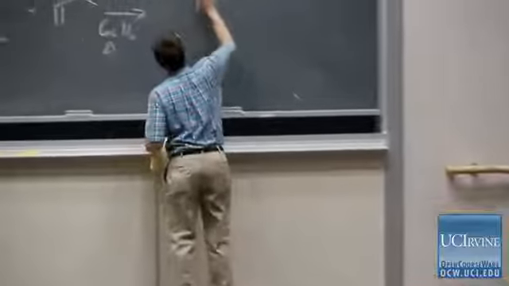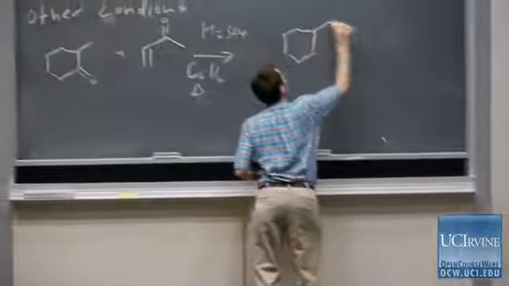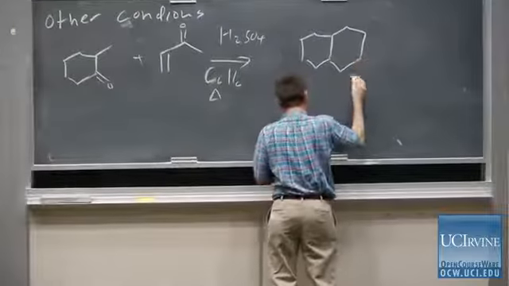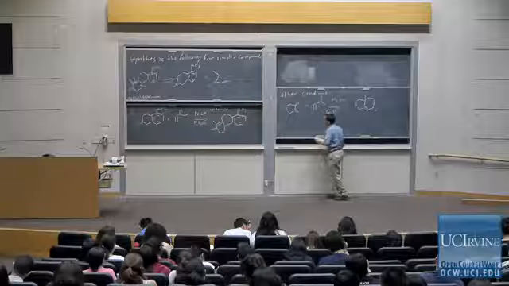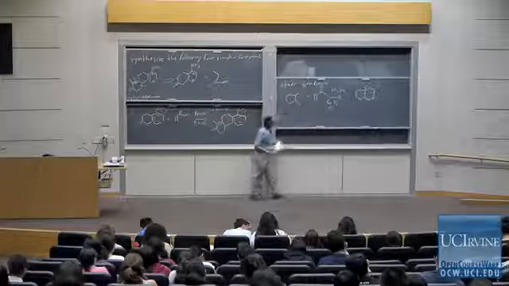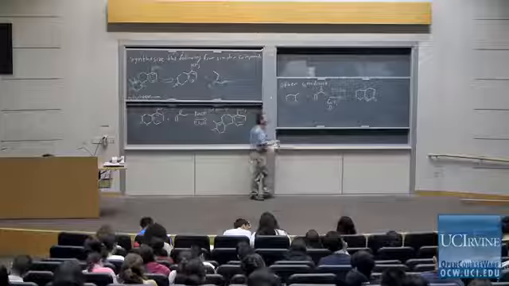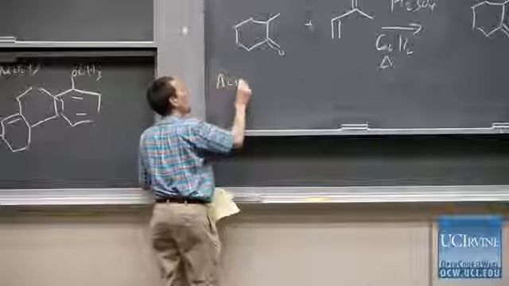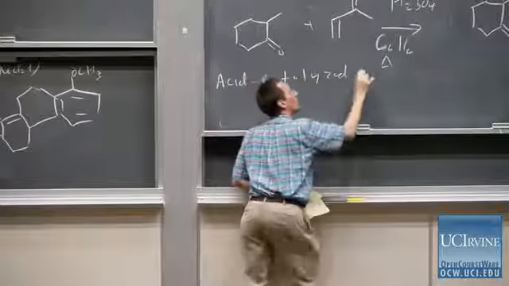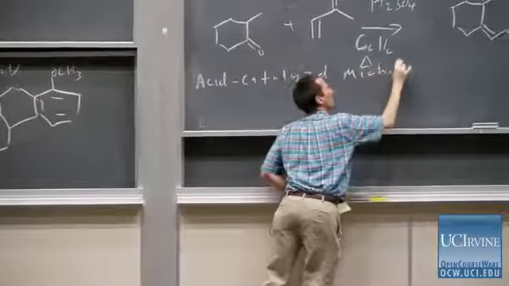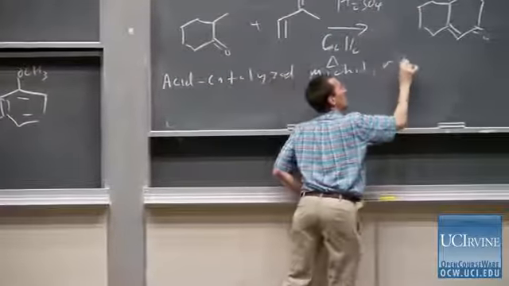Again, as I said, you wouldn't be expected to know that, but I want us to look at the mechanism because it ties into something that I talked about before. And the point that I really wanted to make is that we're getting acid catalyzed chemistry here. So you're getting an acid catalyzed Michael reaction.